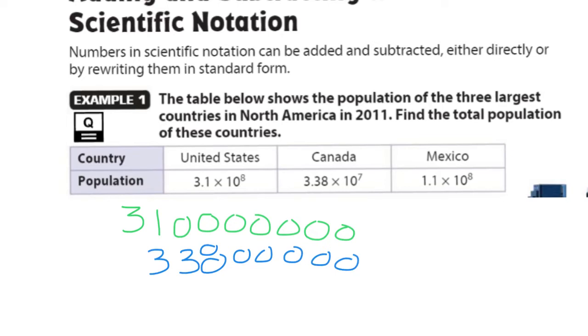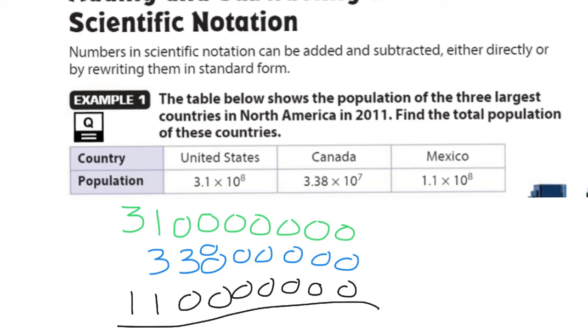Notice how I'm lining these up. So the zeros are on top of each other, so they're all lined up. And the last number for Mexico, that had the same power as the United States did. So this one's going to be below the United States 3. So it'll be 1, 1, 1, 2, 3, 4, 5, 6, 7.